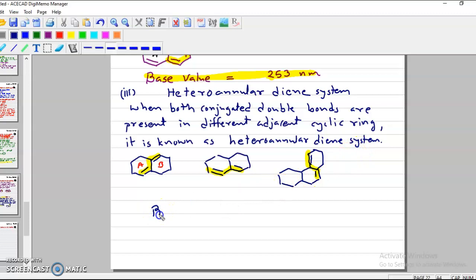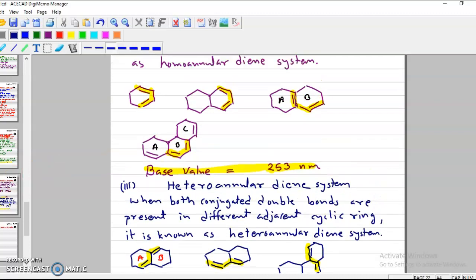For heteroannular diene system, base value would be 214 nanometer. Sometimes 215 nanometer is also given, but you have to consider whatever is given to you in the exam. So don't worry, these values will be given to you. You have to just find out which kind of system you are given, and then accordingly substitute the base value of the different systems. So there are three main conjugated diene systems.